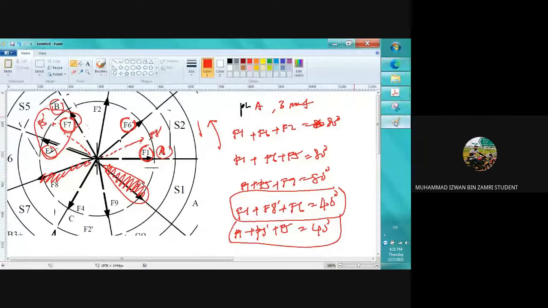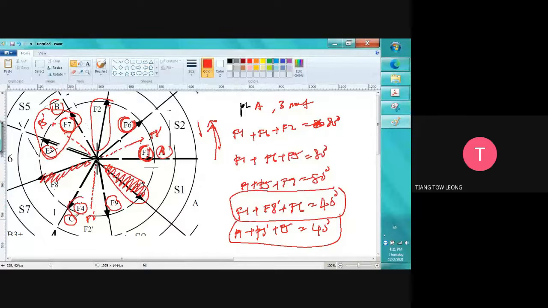Okay, next, phase C, F4 is a must, same as well. See the anti-clockwise direction. When we choose F1, we choose F6, the next one. So F4, we choose F9, the next one. And then we reverse this polarity, become F2 prime.